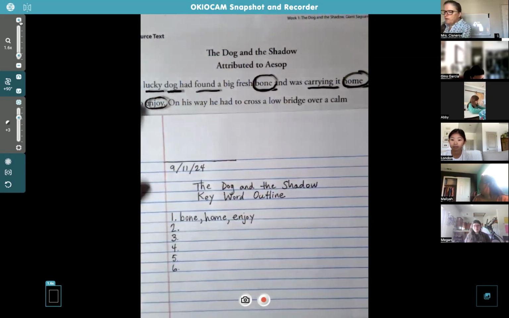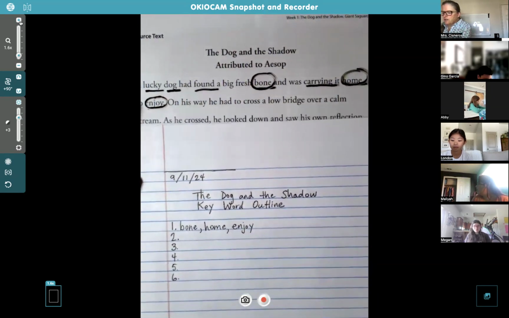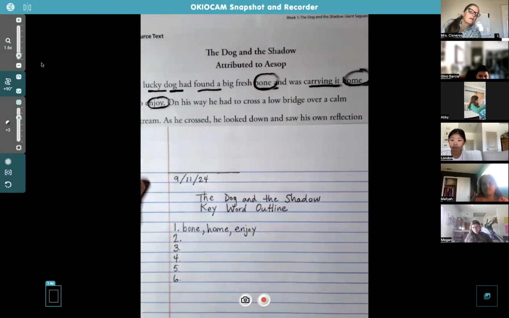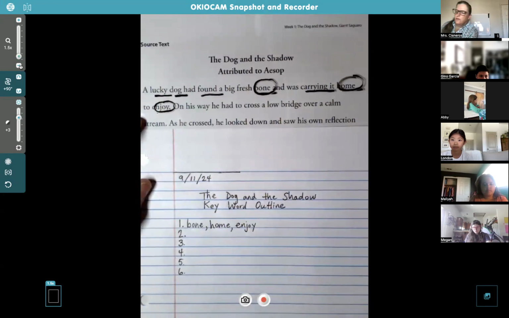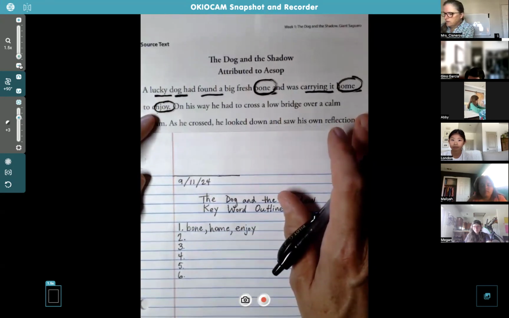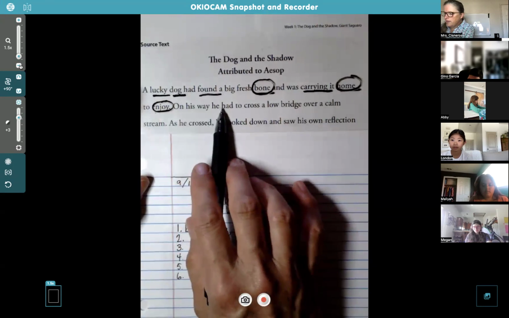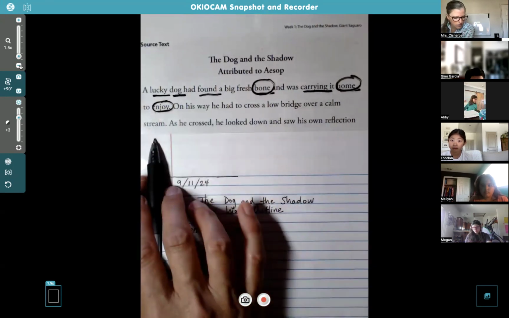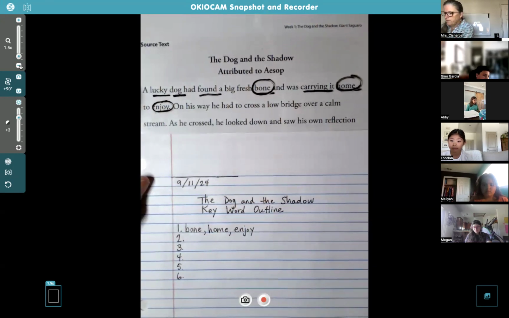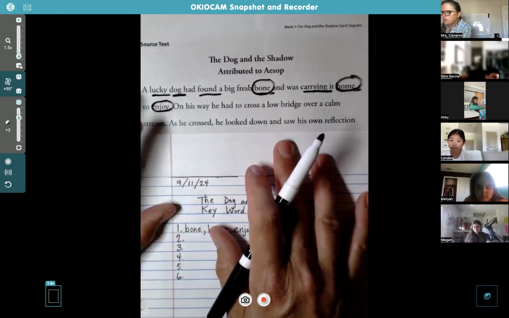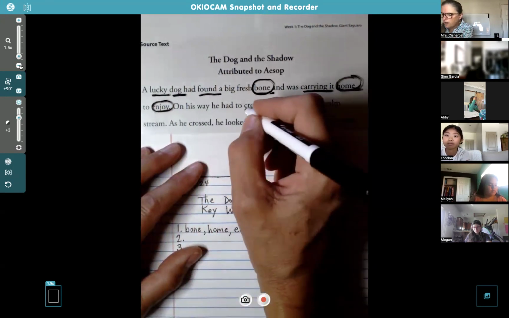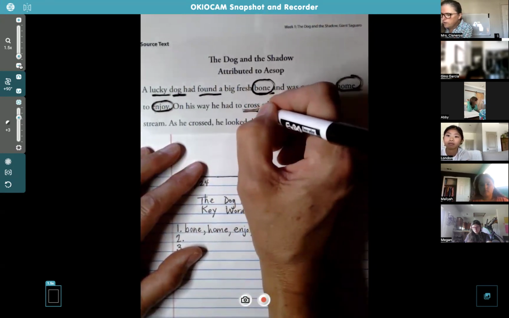Okay, so now that we got the first sentence done, let's look at the second sentence. Let me back this out a little bit here. The second sentence says, on his way, he had to cross a low bridge over a calm stream. Well, looking for keywords, I'm not going to underline any of the little words at the beginning, but cross, that's a keyword.